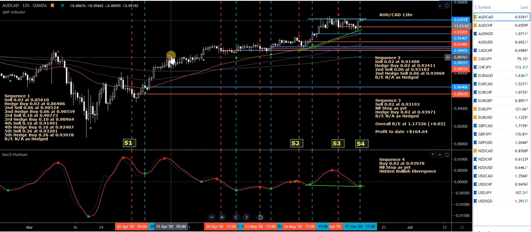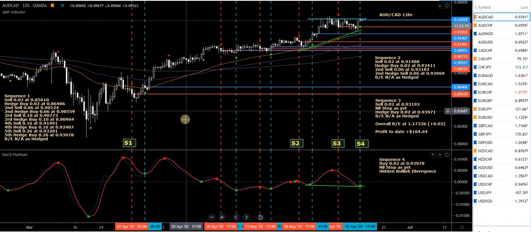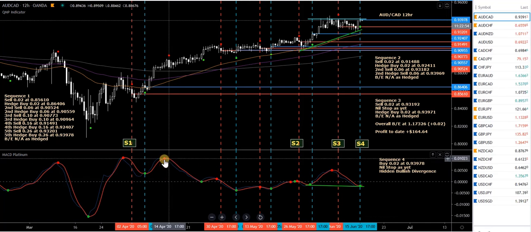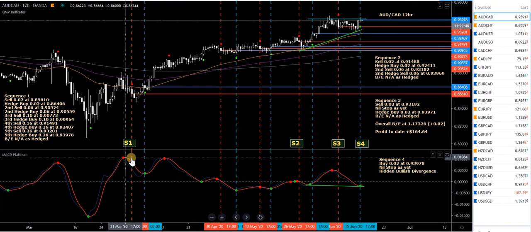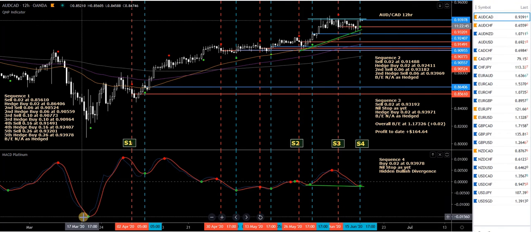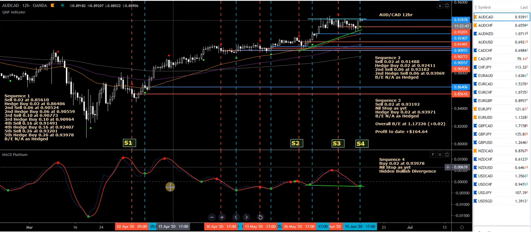The QMP filter is these red and green dots on the chart. They're not an indicator as such. They're just a visual aid. They're a combination of 2 indicators, one being the MACD Platinum, which is a zero lag MACD. With this, I'm looking to sell when it's above the zero level and buy when it's below the zero level. The other indicator that's not displayed is called the QQE Advanced.